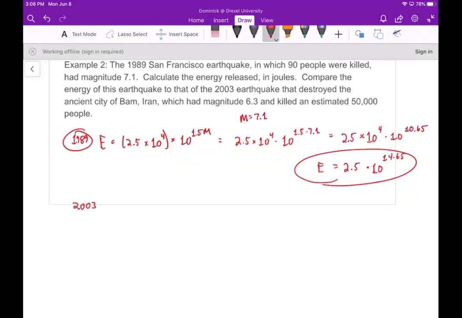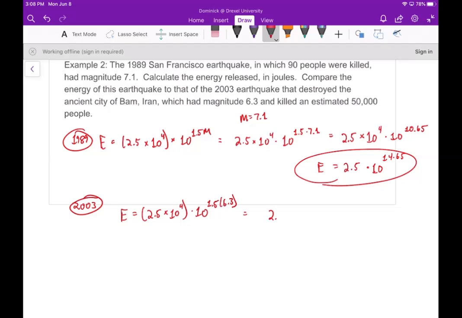I wonder if this was supposed to be BC or something, I don't know. But okay, so in 2003, we have that E, again, is equal to 2.5 times 10 to the 4th. Now this time it's 10 to the 1.5 times 6.3.